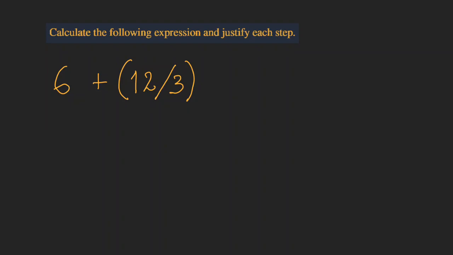Resolving the parentheses first, we get 6 plus 12 divided by 3 is 4, which equals 10. Note that the parentheses are not needed here because division has priority over addition.